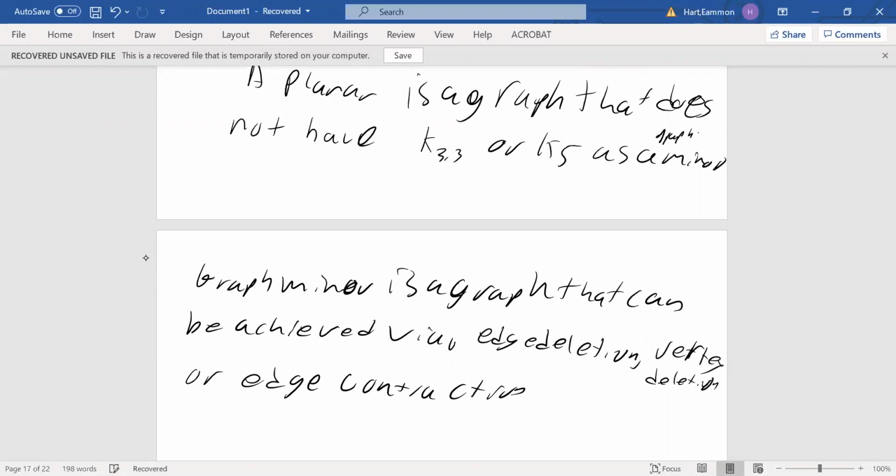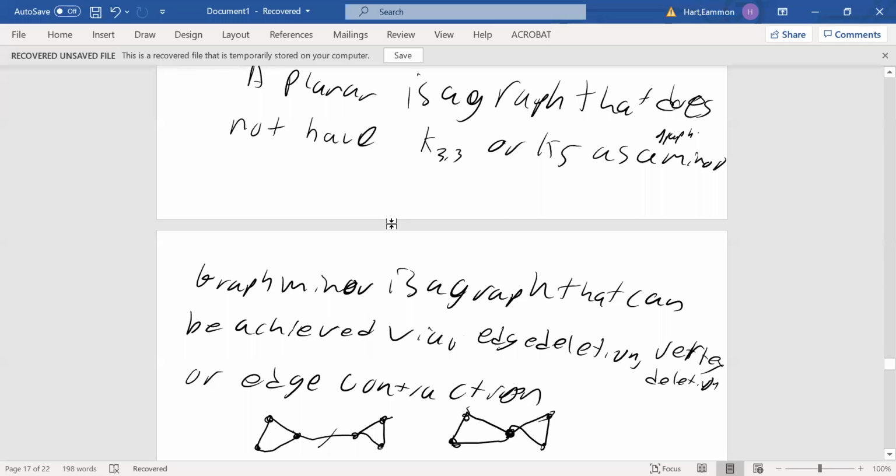So if I have a little bow tie graph here, and I contract this edge, then what I would get in the end is this. Contraction. So that is an alternative characterization of the planarity of a graph.